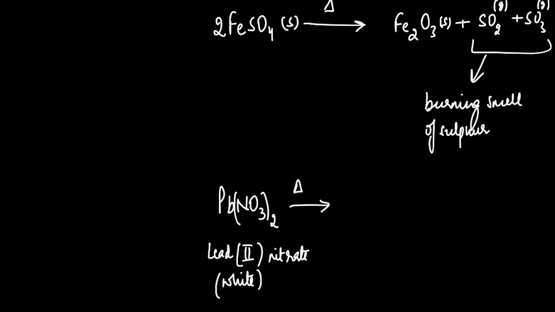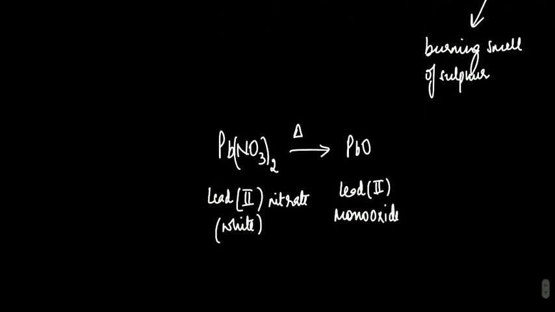If we heat it, we are going to get PbO, which is lead monoxide. Lead over here, the charge is still 2, and this is very much yellow in color. Now the lead nitrate that we have taken is solid in state. Lead monoxide is also solid, and we are going to get two gases. One is nitrogen dioxide and another is oxygen gas.